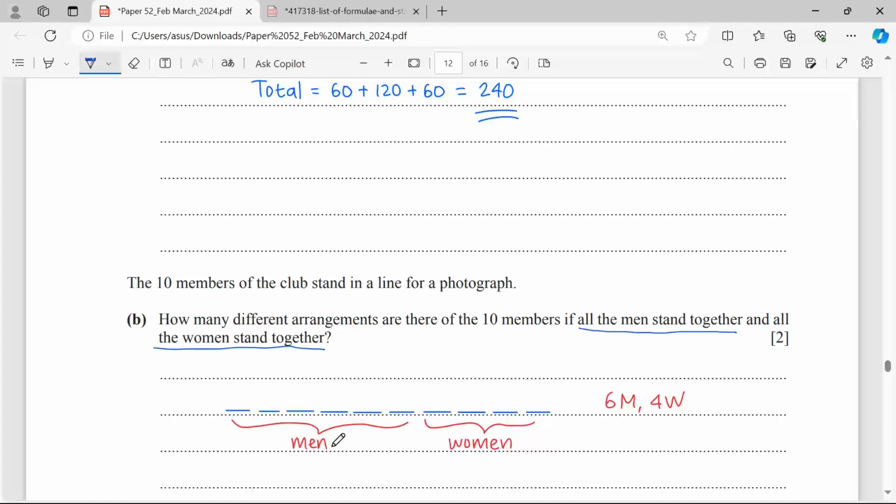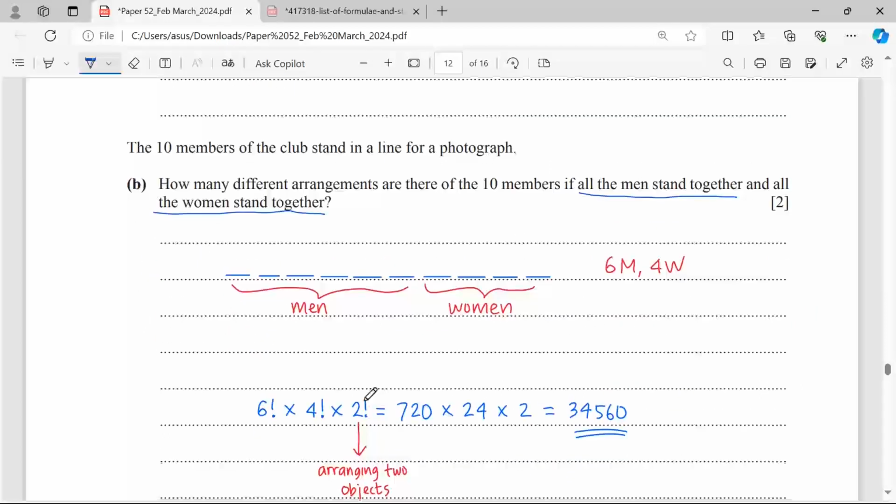So we have 6 men and 4 women. That means 6 factorial for the number of arrangements for men, multiply by 4 factorial. This one is for the number of arrangements for women. But don't forget that men and women can be interchanged. So we can have women first and then followed by men, or men first then followed by women.